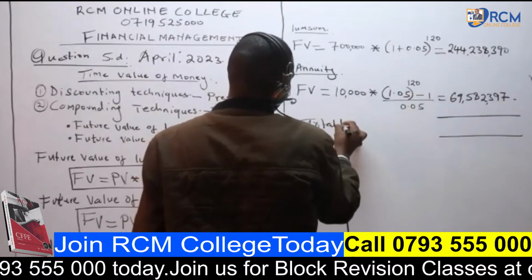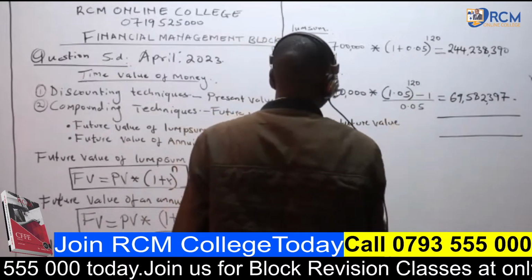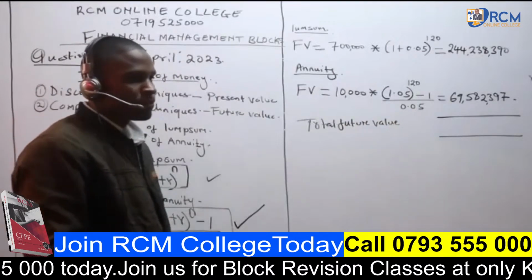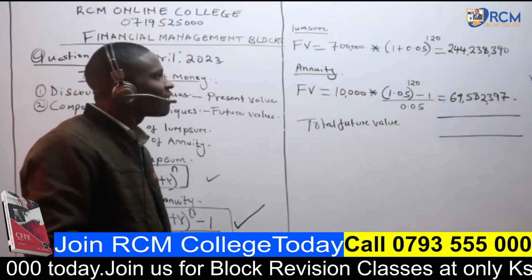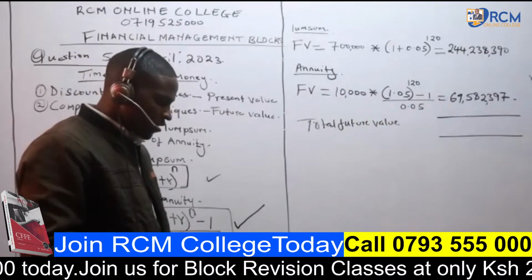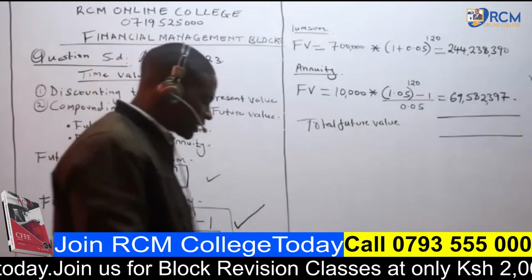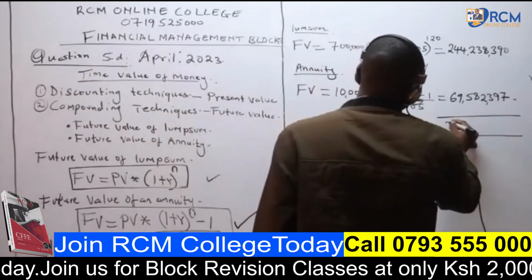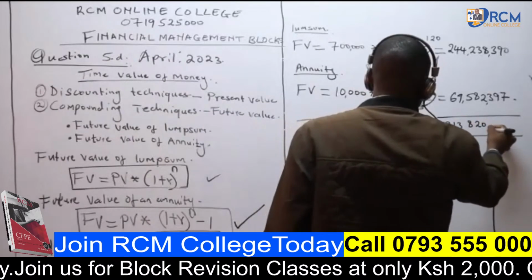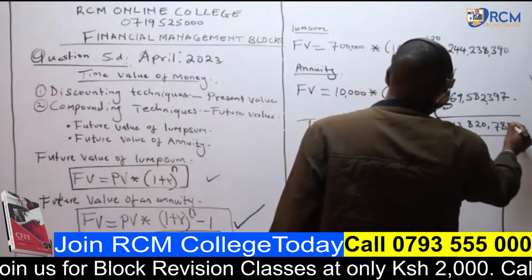The total future value will be the lump sum and the annuity. You add the two. If I add 244,238,390 and 69,582,397, I get 313,820,787.